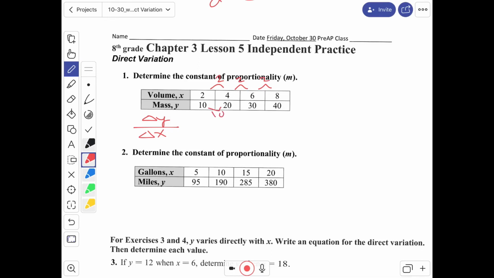On the bottom, we're adding 10 every time. So the y's are changing by 10, and the x's are changing by 2. And then if we simplify that, 10 divided by 2 makes 5. So the constant of proportionality, m, equals 5.